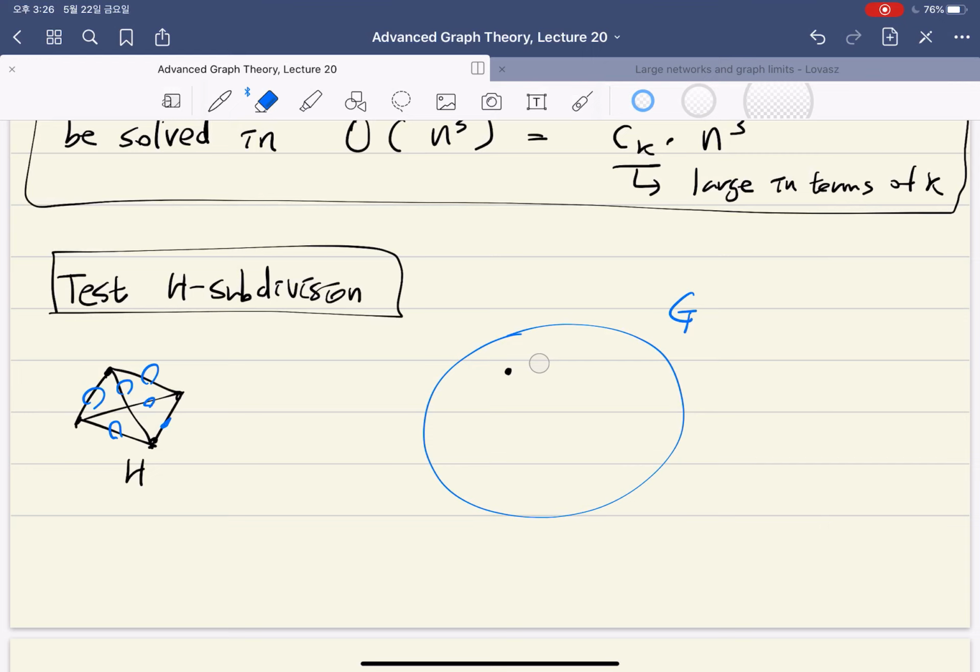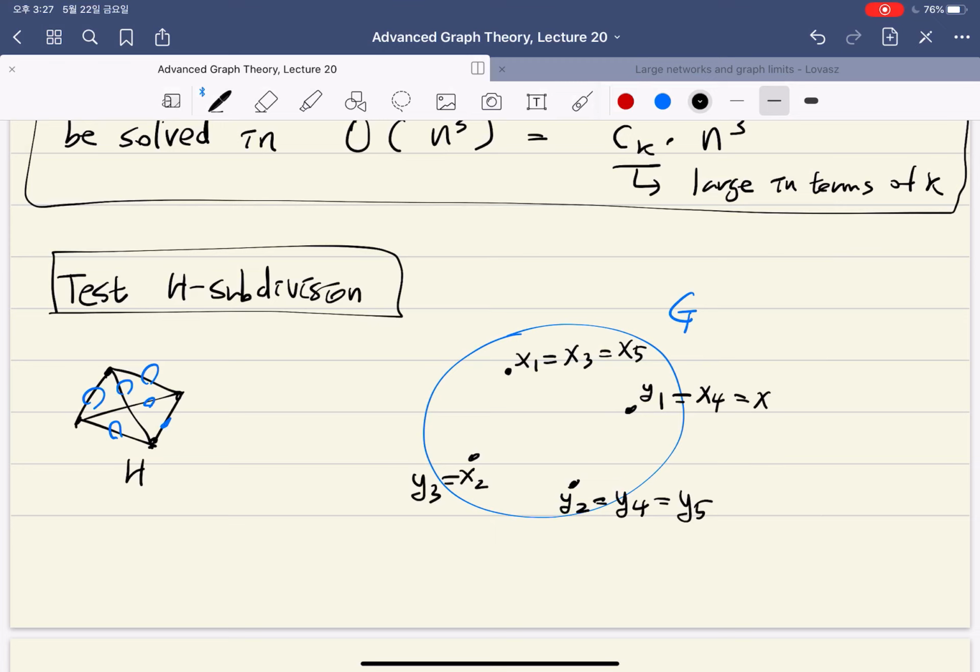Then you take this as x1 and this as y1. And you take this as x2 and this as y2. And this as x3, and this is y3, and this is x4, and this is y4, and this is x5, and this is y5, and this is x6, this is y6.